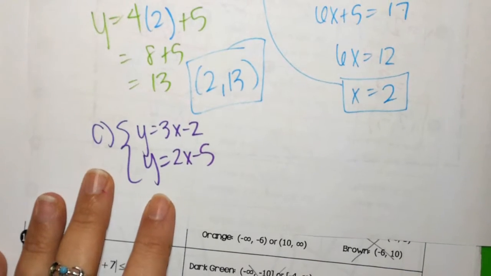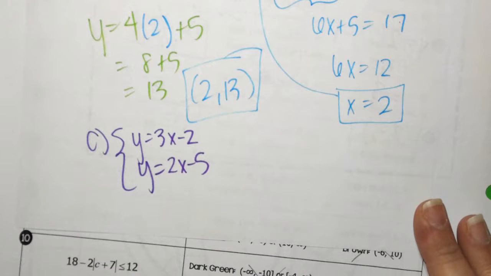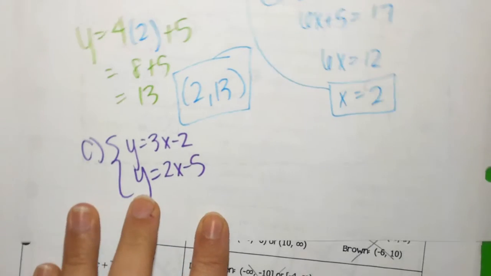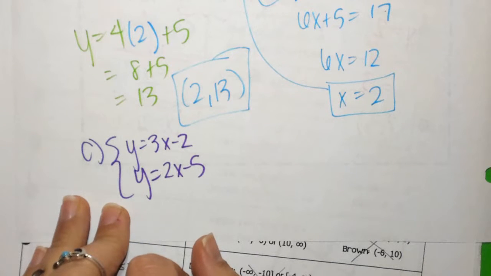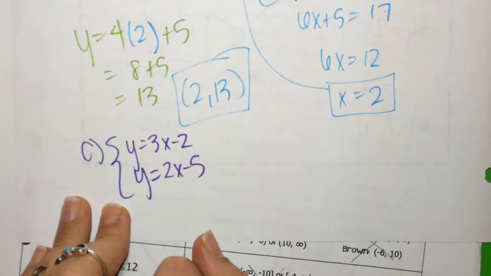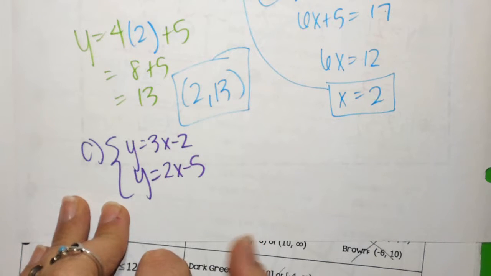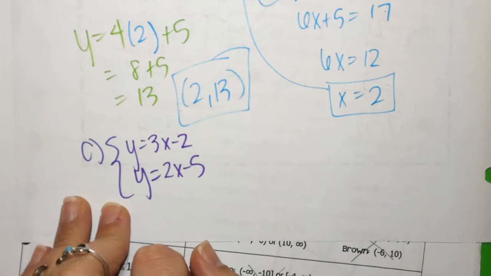Alright, so here is C. Everybody look at the board. Look with your eyes, not your mouth. Now, our step one is to get y by itself or to get a variable by itself. But we have both variables by itself, correct? So what does y equal? And what else does y equal? 2x minus 5. So what could we do with that information?